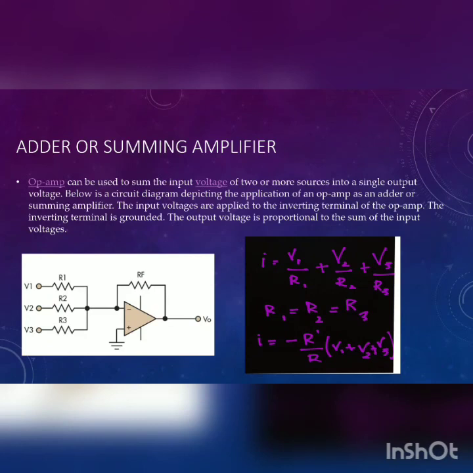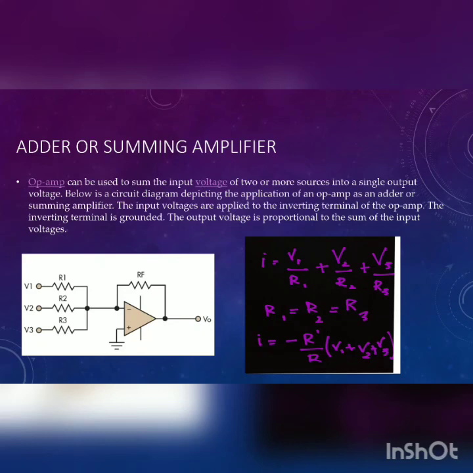So we supply the different voltages and they combine at this node, resulting in total current I. We know that total current enters into the feedback circuit with the impedance R dash. So I is equal to V1 by R1 plus V2 by R2 plus V3 by R3.